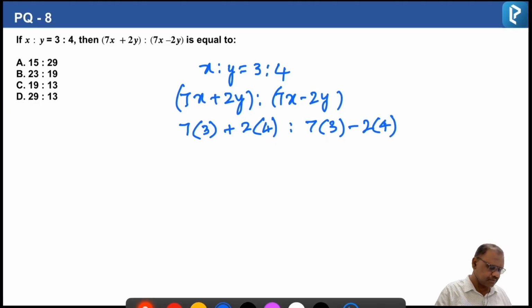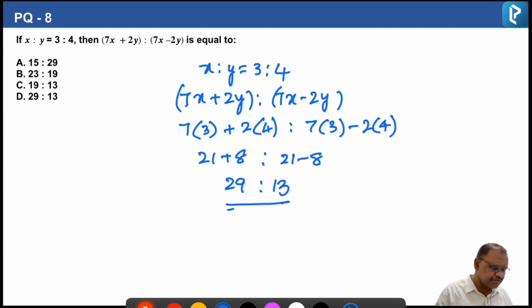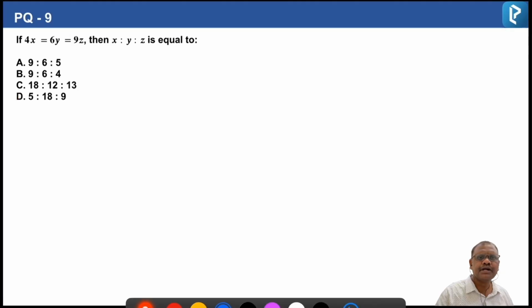Simplify this. 21 plus 8, 21 minus 8. This is 29. This is 13. This is the final answer: 29 is to 13. Option D is the right answer. Moving on to the next question.